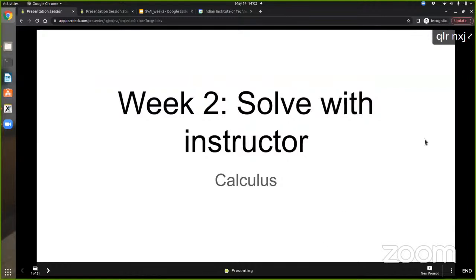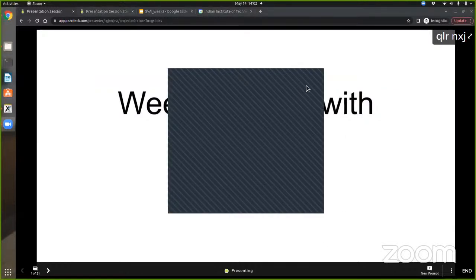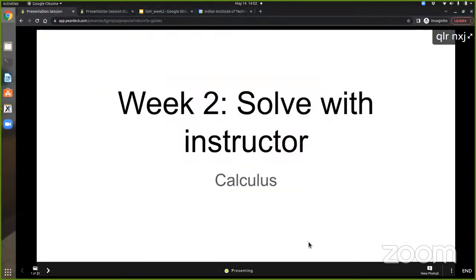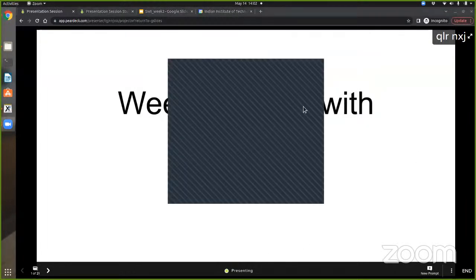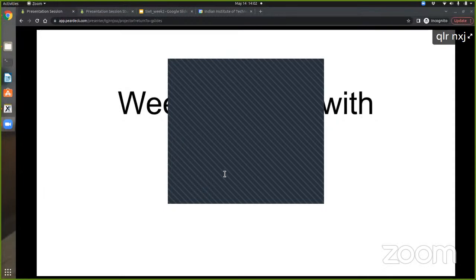Please use this code. Joinpd.com is what you have to open.